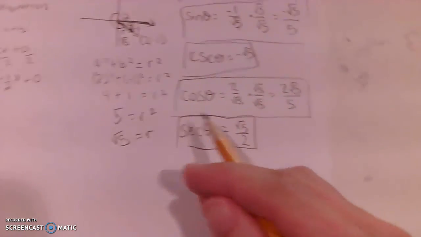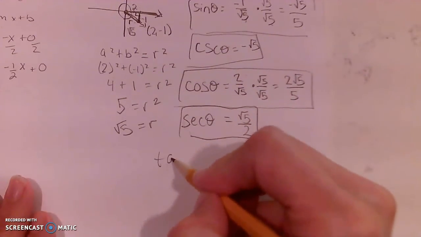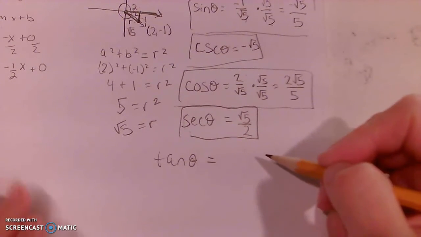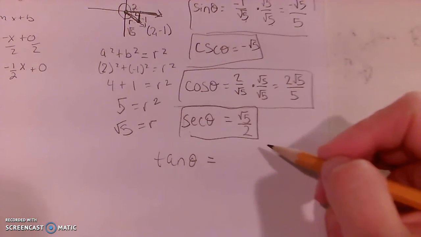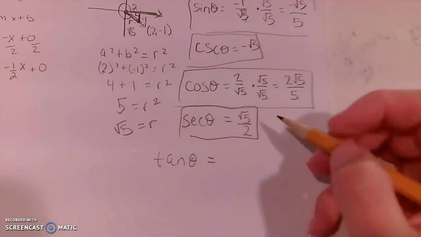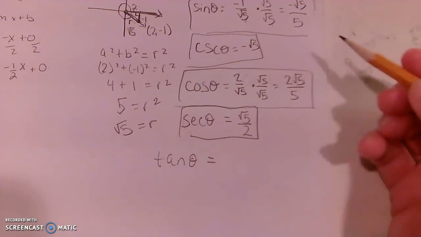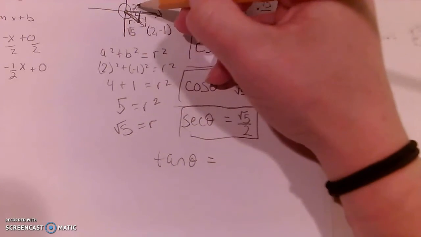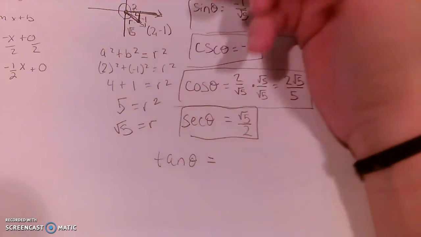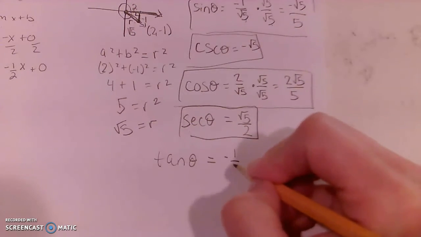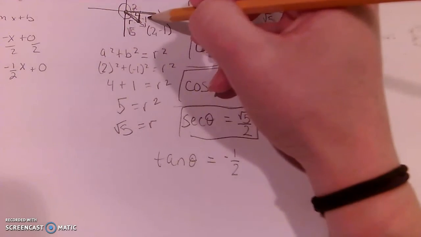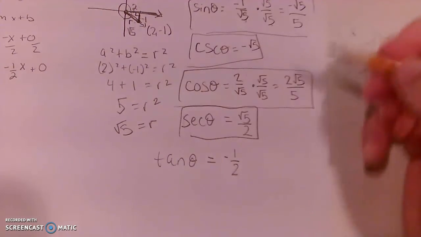Then we have tangent. Tangent is going to be y over x, or you can think of TOA, opposite over adjacent. So opposite is negative 1 over the adjacent is 2. So it's simply negative 1/2. Or you can think of y is negative 1 over x is 2.